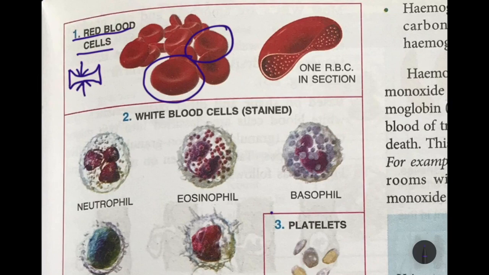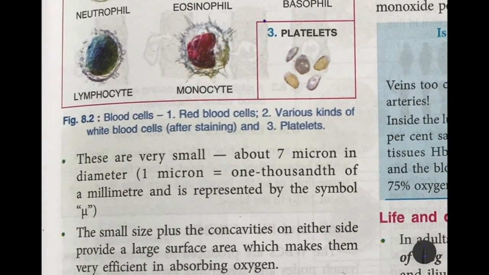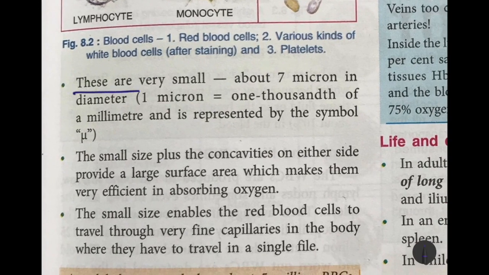It is flat at the center, as you can see here, since it is biconcave, and it is rounded at the periphery. Okay, periphery means the side. Now they are very small in size. They measure about 7 micron in diameter.